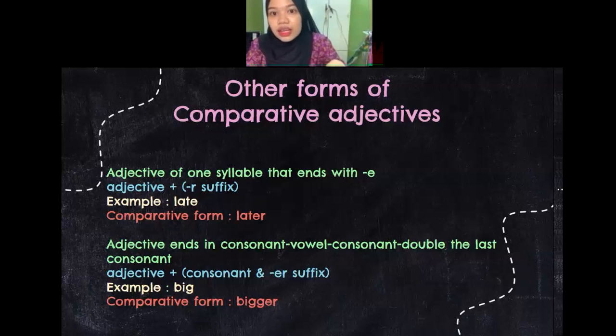You see that we are adding the r suffix at the end of the word late. So the second one is adjective in consonant, vowel, consonant, where we double the last consonant. In this form, the adjective plus the consonant and er suffix. For example, big becomes bigger.